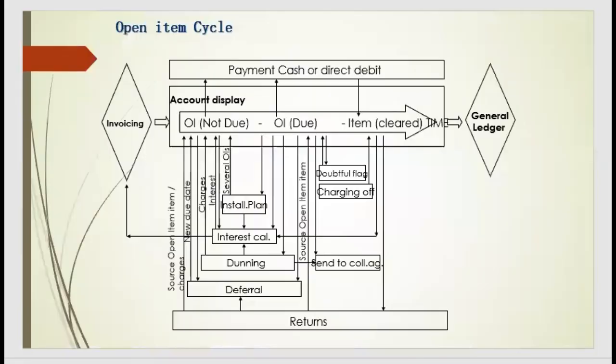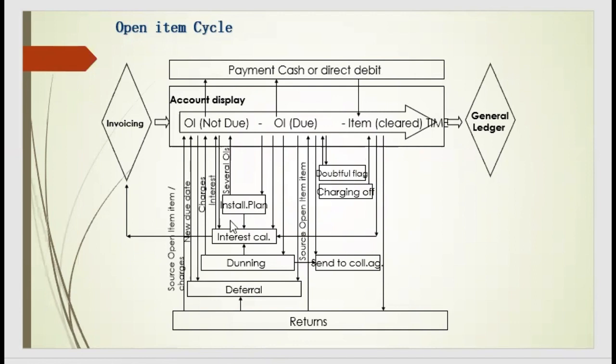If we put it into a single plane, how does the whole cycle behave? The whole cycle starts with invoicing, okay, and that links to your payment, whether cash or direct debit. And if this is cleared, we clear them within the date.